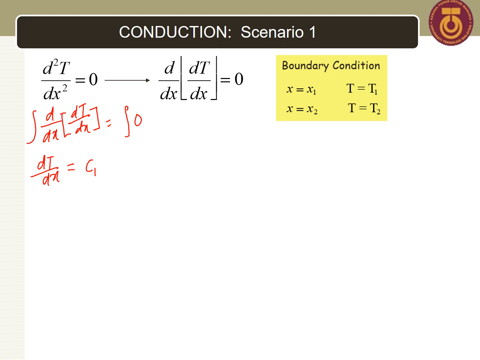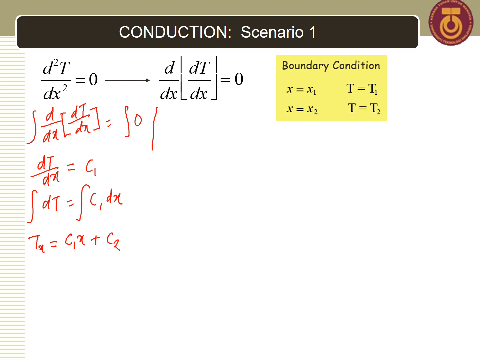So we move the dx to the right side and integrate, so we get T(x) equals C1x plus another constant C2.